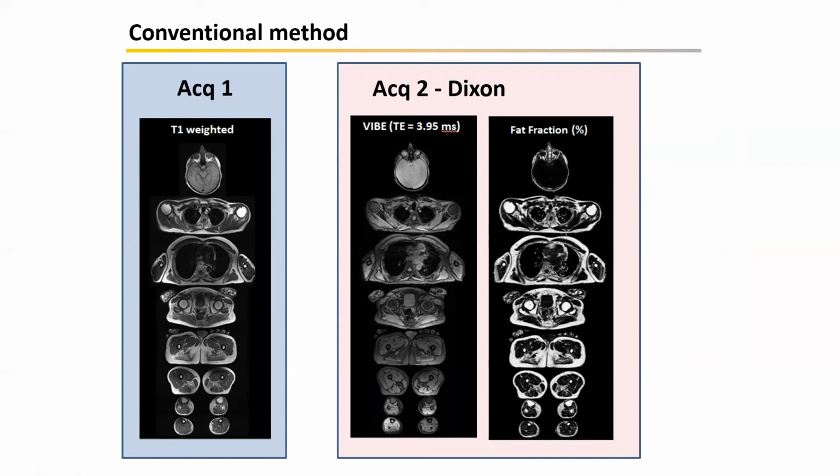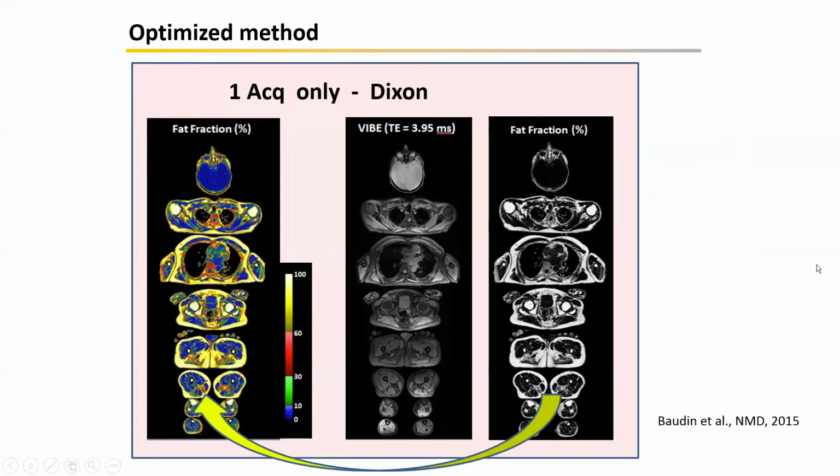And there's a solution. The solution, we have been proposing it already some years ago. It's based on the principle that who can do more can also do less. So it's simply that the fat fraction maps, which are quantitative, can also be viewed in a qualitative mode.